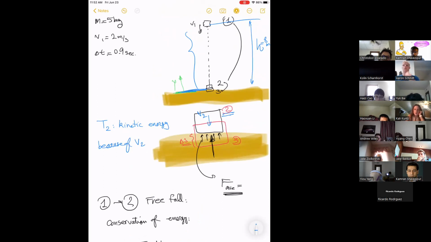If there was no velocity, no kinetic energy. I know it's confusing because at the end it stops, but I separated the whole process into two parts. One, falling from the top to the top surface. This is position 2, right? And then from that, penetrating inside the sand to stop. So just when it touches the sand, it has some velocity, right?